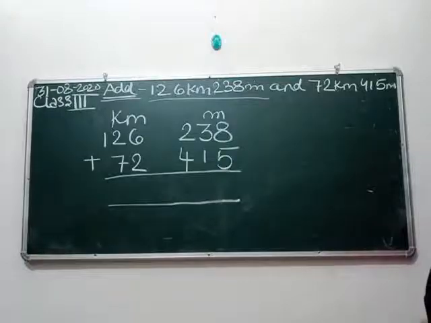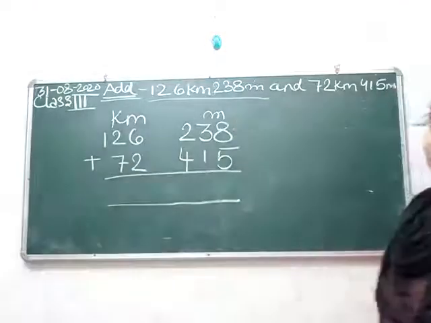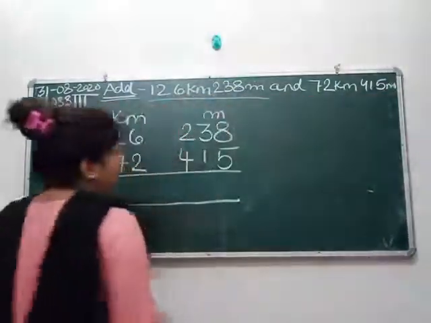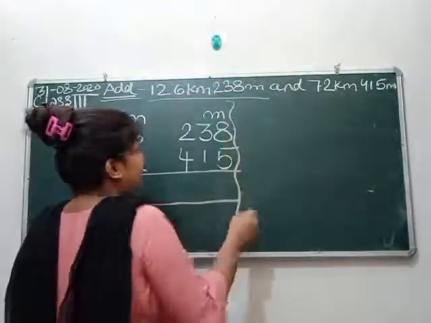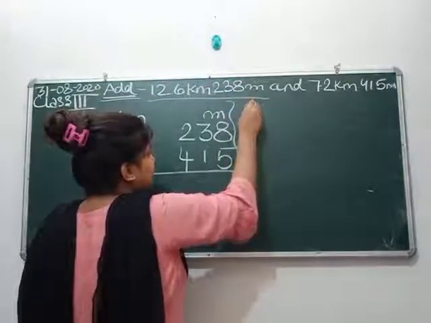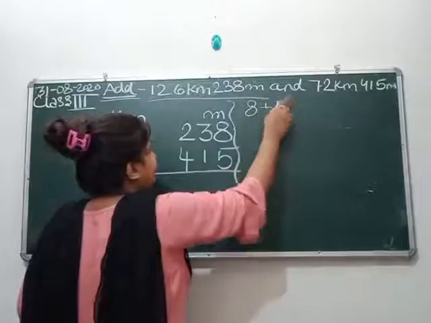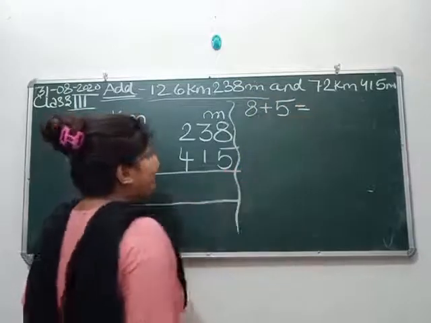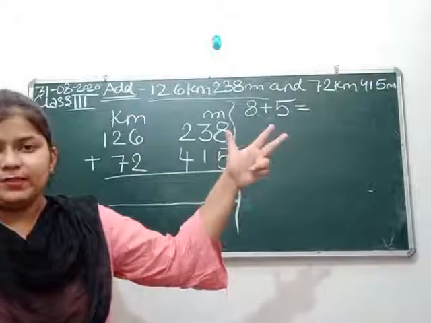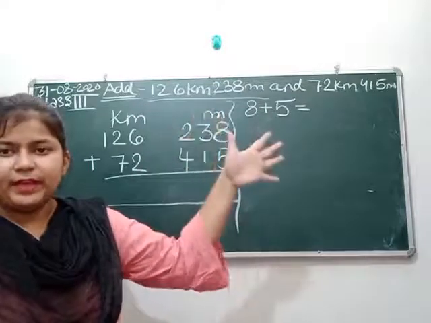126. Start from this place. Start from 8. Here we are having 8 plus 5. 8 plus 5 is equal to 9, 10, 11, 12, 13.